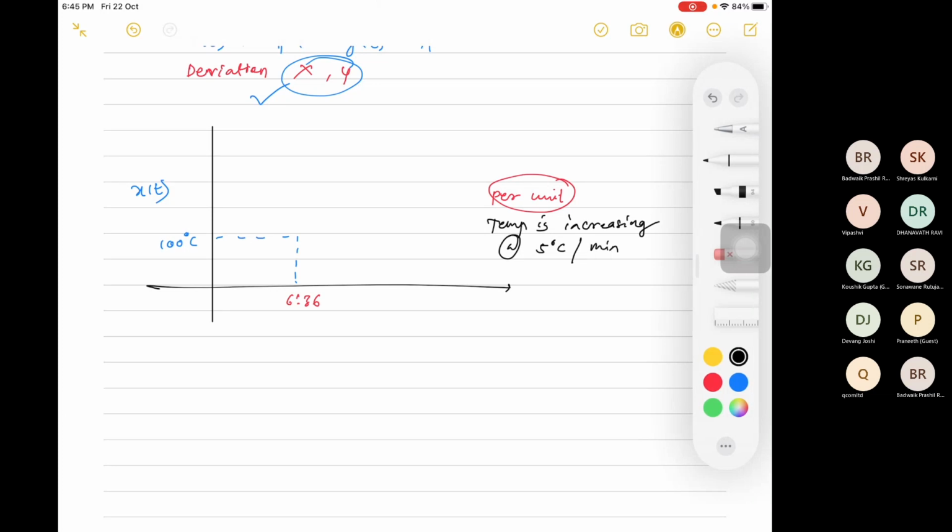Okay, per minute. So what will be there? It will increase per time. यहाँ पे 36 था, it is 37, 38 minute, 39 minute, and everywhere there will be change in 5 degrees Celsius, 5 degrees Celsius. So this is what is your ramp input, and this will increase continuously until and unless you apply a controller, or you see the error value or disturbance and try to suppress that disturbance.